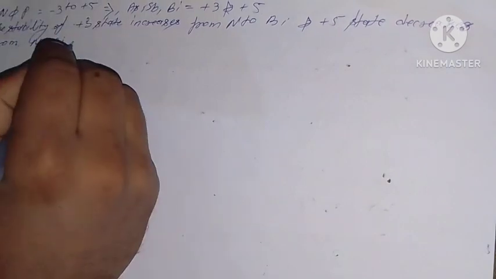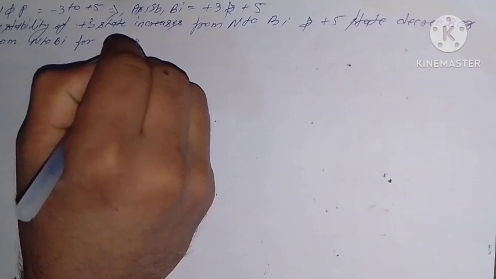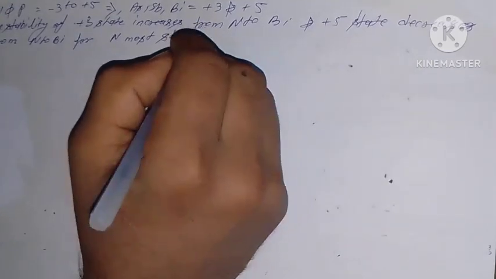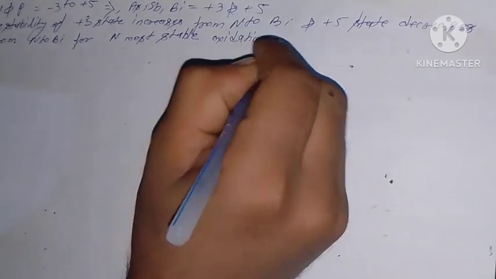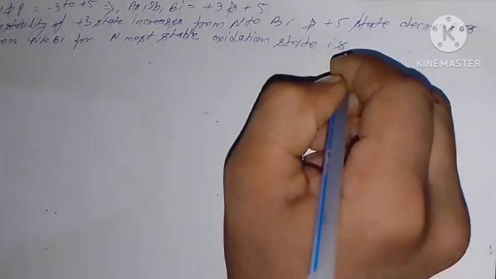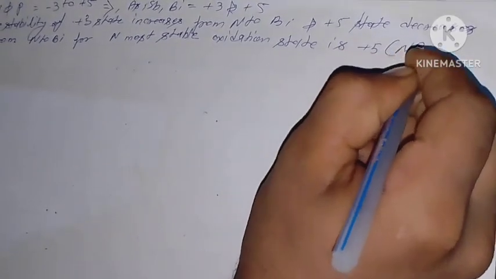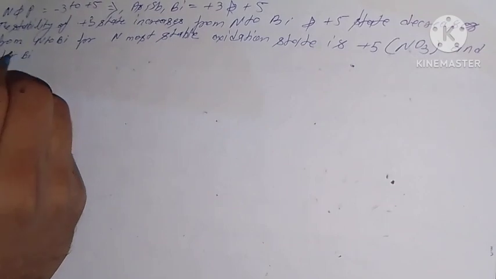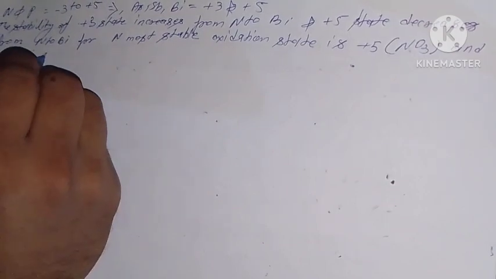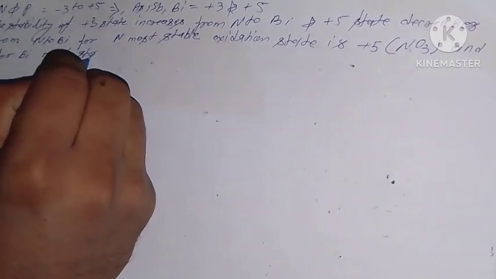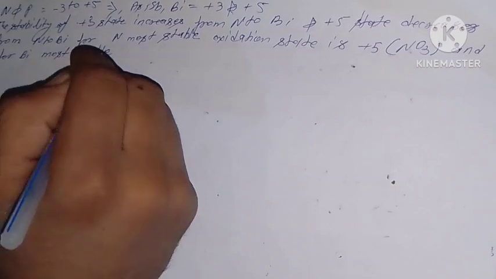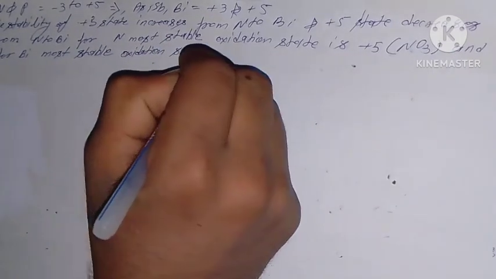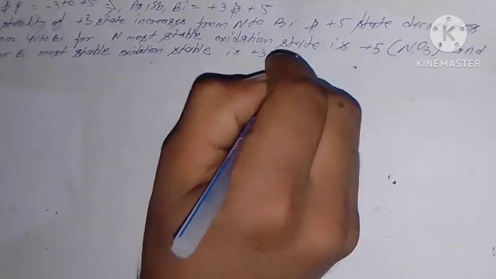For nitrogen, the most stable oxidation state is +5, as in NO3, and for bismuth the most stable oxidation state is +3, as in BiH3.